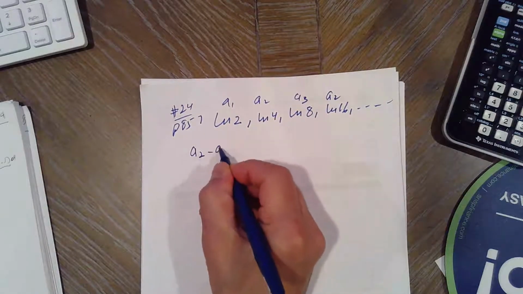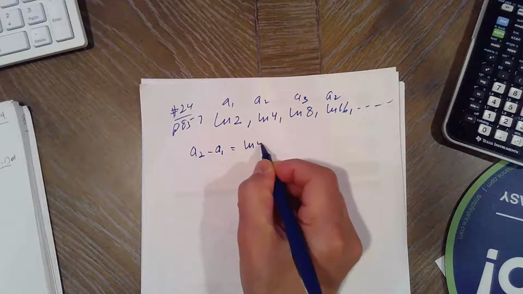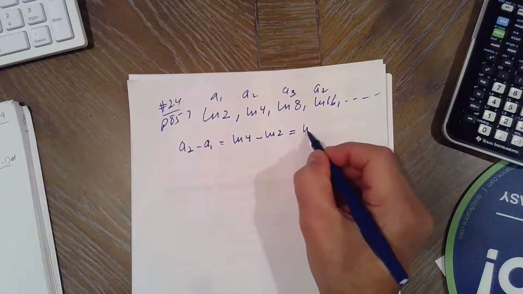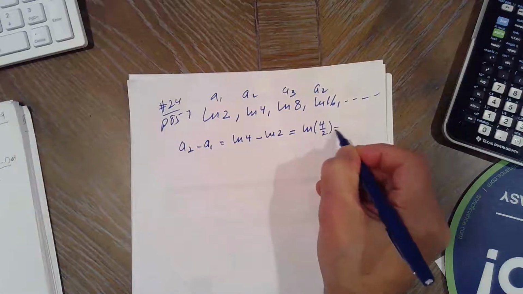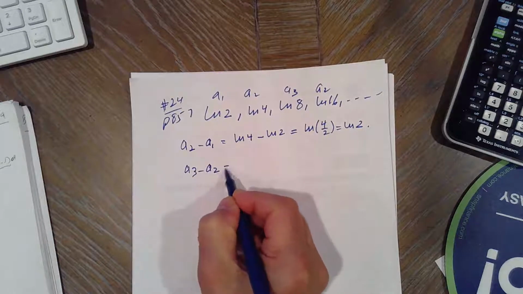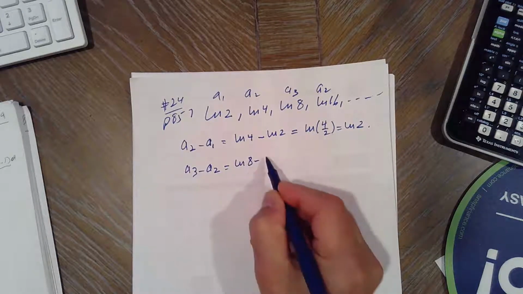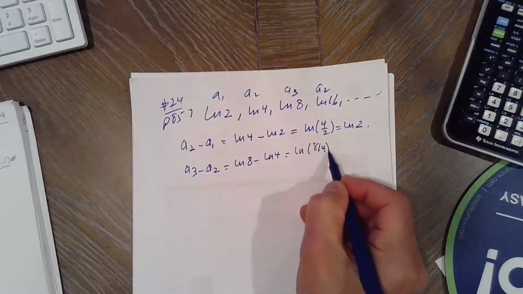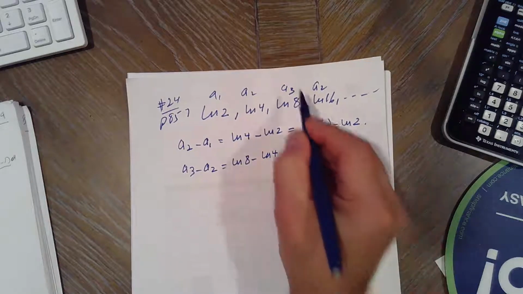So a2 minus a1, ln of 4 minus ln of 2. Using the quotient rule of logs, this is ln of 4 over 2, which is ln of 2. a3 minus a2, ln of 8 minus ln of 4, which is ln of 8 over 4, ln of 2. So far so good.